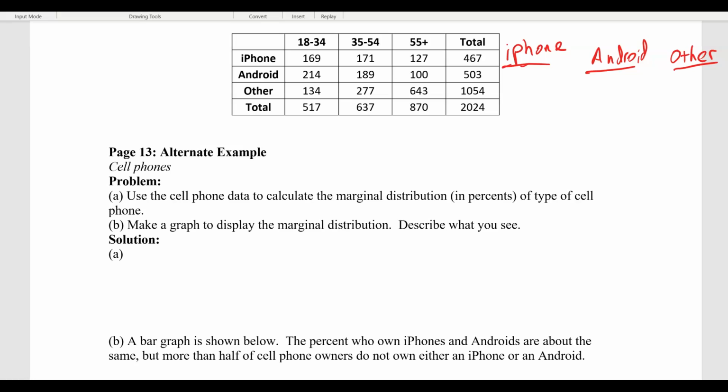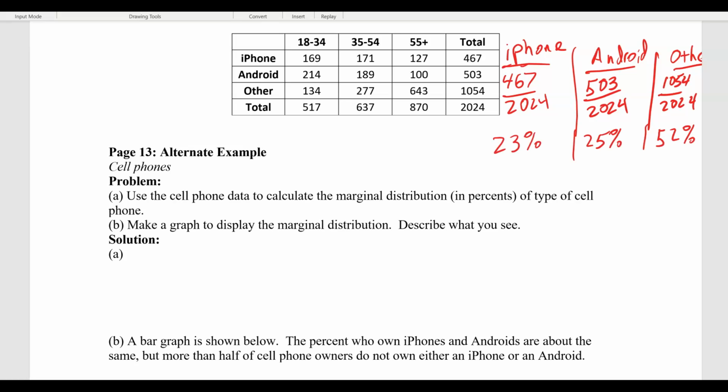So how do I do that? For iPhone, I take this 467, divide that by the 2024. For the Android, I take the 503, and we divide that by 2024. And for the folks with something other, we take 1,054 divided by 2024. And then I can easily convert these to percentages.